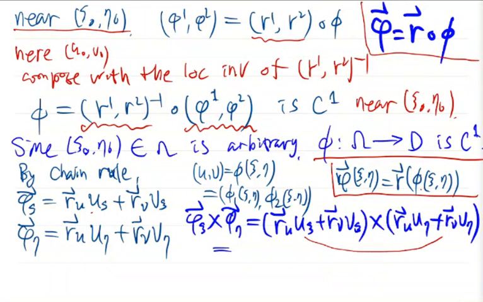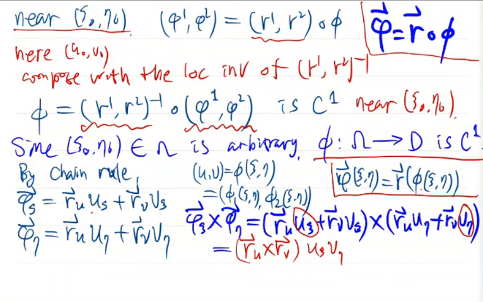And these two terms give us Ru cross Rv u_ξ v_η. So we have Ru cross Rv u_ξ v_η. U_ξ v_η comes from here.